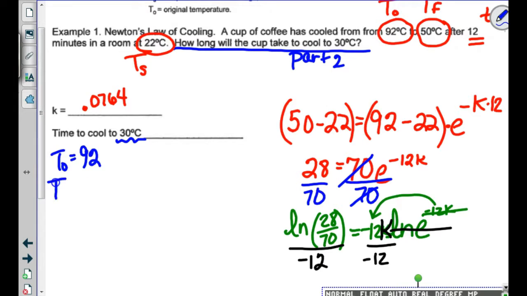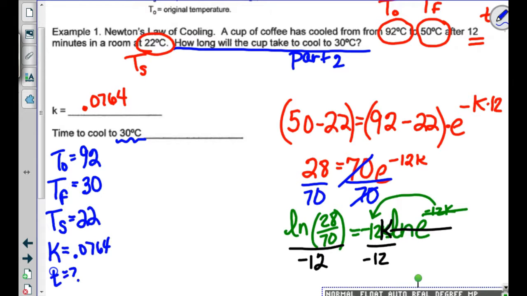And our final temperature, what do we want it to get down to for part 2 of this? 30 degrees. Okay. What else are we talking about? The surroundings have not changed, so the surroundings are still 22. All right, but this time we're putting in k is 0.0764, and we're looking for t.